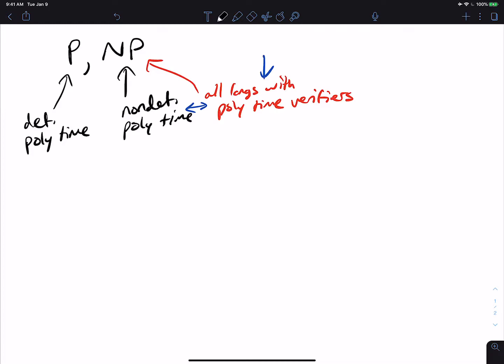The big open question that is not resolved, and we're certainly not going to resolve in this class, is whether P is equal to NP or not.